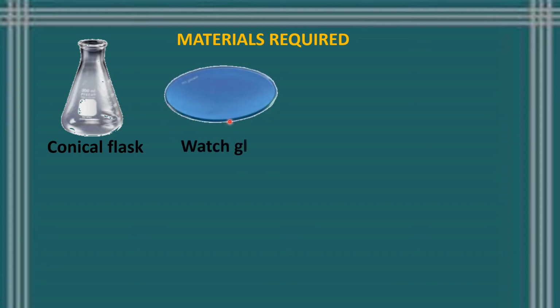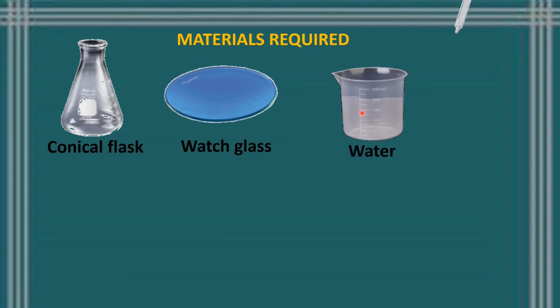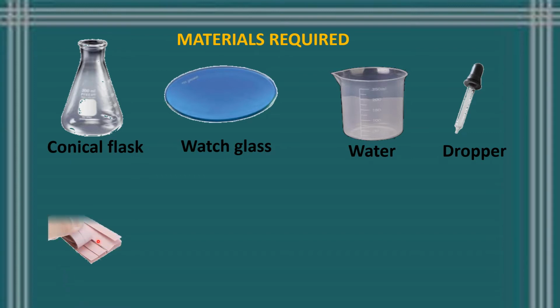Let us have a look at the materials required. The first one, this is the conical flask. This is a watch glass. We need some water for dilution. This is the dropper and the litmus paper.